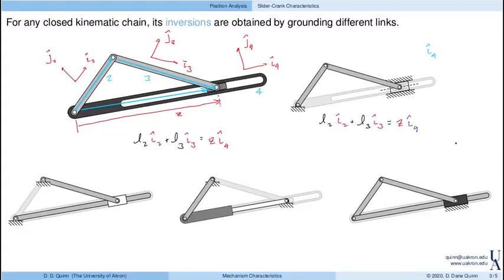In contrast, down on the lower left here, I2 would be known. Looking at this loop closure equation, I'll just copy it. Again, this is the loop closure equation, but now I2 is a known direction.